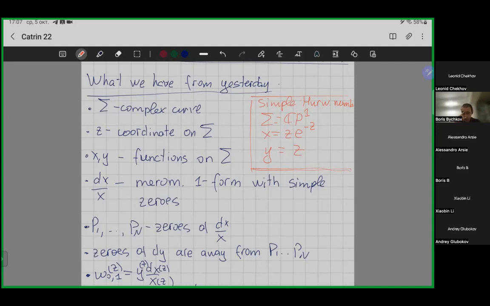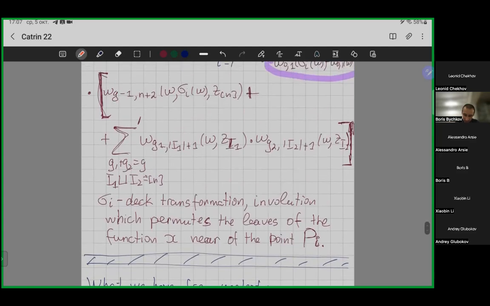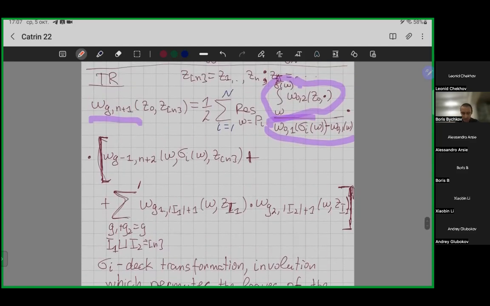Now I'm going to reformulate this recursion, to explain the meaning of this formula and a way how you could really compute it.